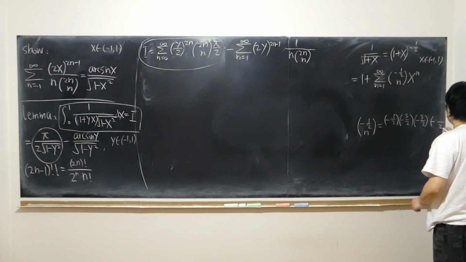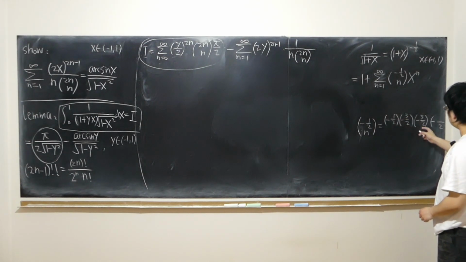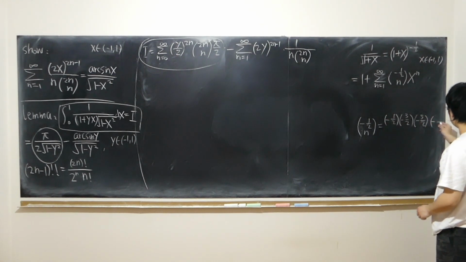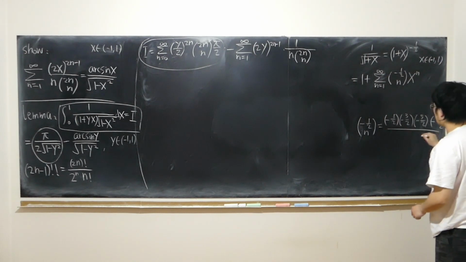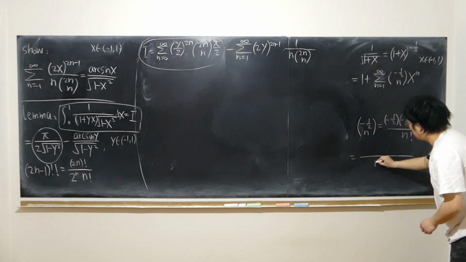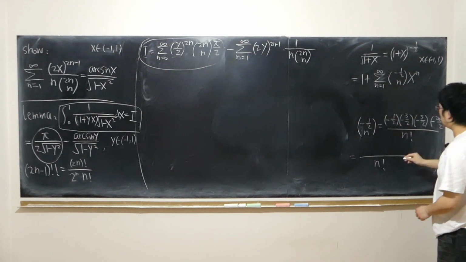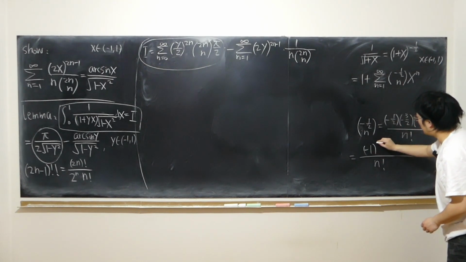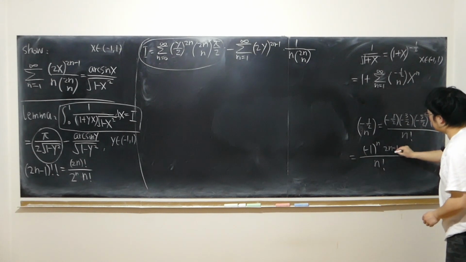If you have three terms, you go up to this term, so 5 is 2 times 3 minus 1. So 2n minus 1 over n factorial. Then all you have to do is simply take out the negative 1 of each term, n many terms, so negative 1 to the power of n, then you have the double factorial 2n minus 1.